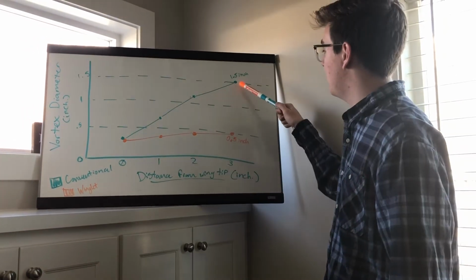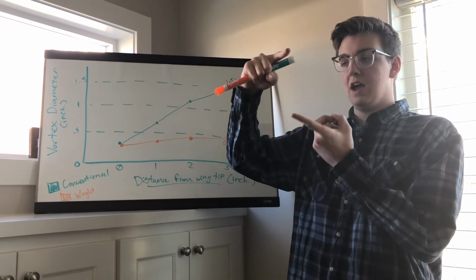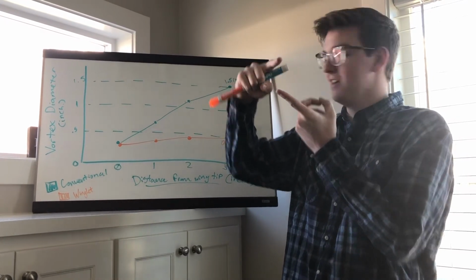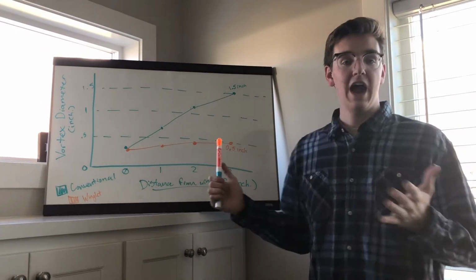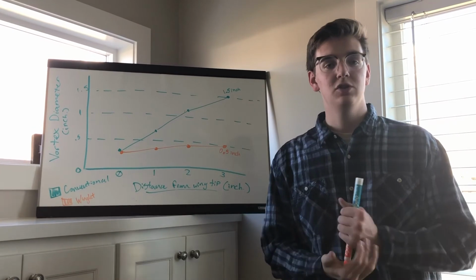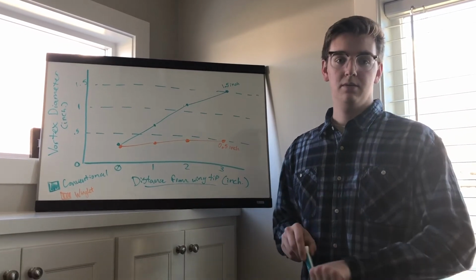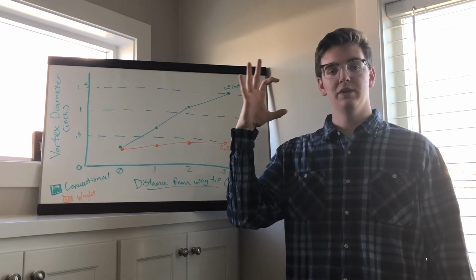At 3 inches, the vortice diameter-wise was 1.5 inches. That was way bigger. And then for the winglet one, compared, it was only a 1/2 inch. So from the conventional wingtip to the winglet wingtip, the vortice for the winglet was a lot smaller than it was for the conventional wingtip.